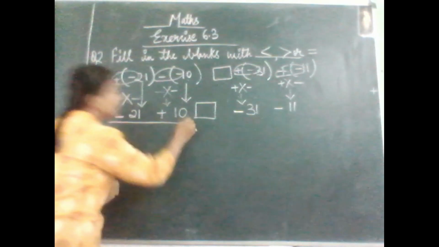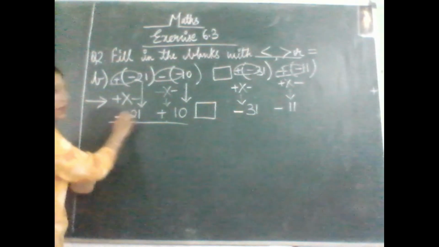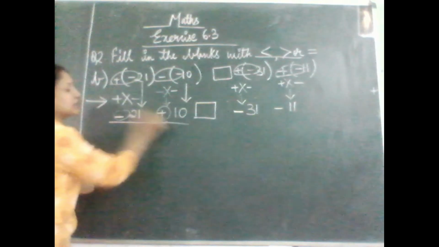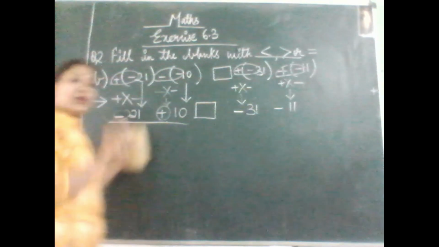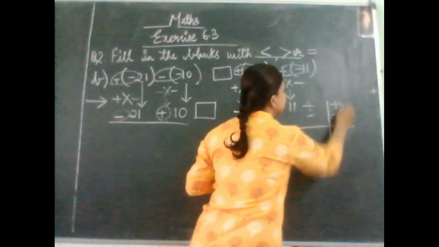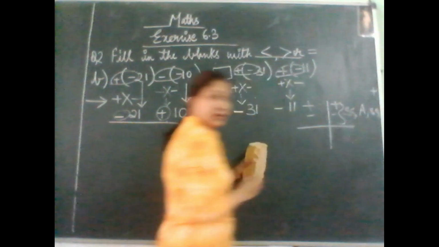Now we will apply the rule for addition. Check minus 21 and plus 10. Here it's a negative integer and here it's a positive integer. We know that the rule for addition is that if you have the same sign, you add and put the same sign.